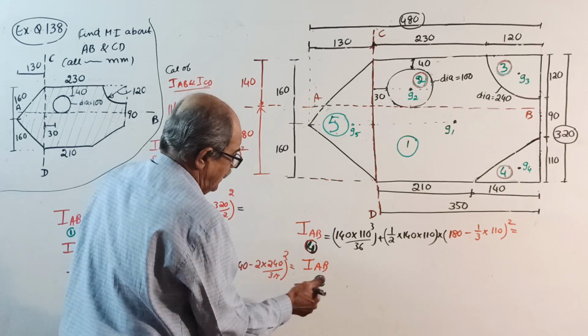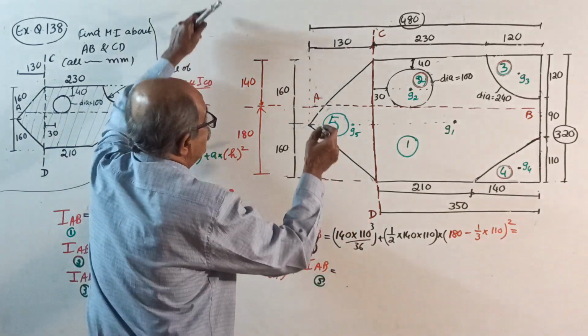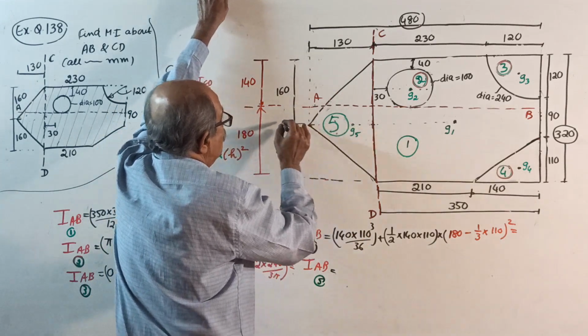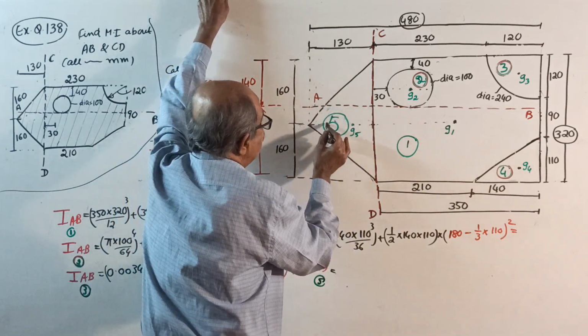Part number 5 is real. It is not cut out. Equal to. Come to centroid, parallel to AB, this axis.